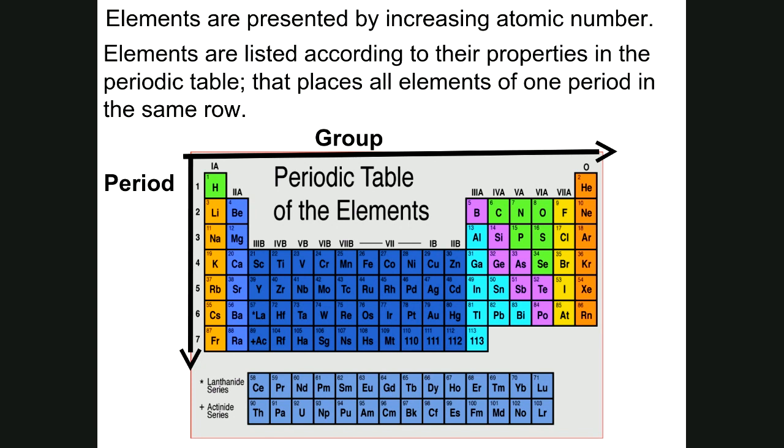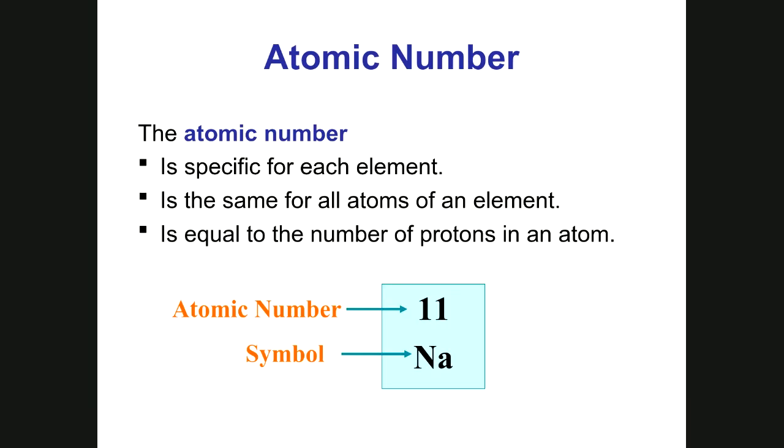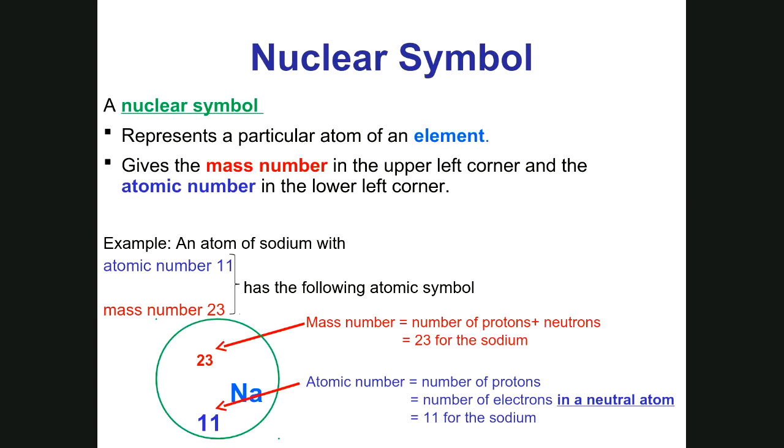So this is symbolically how we proceed. We put the chemical symbol, and we put this number and this number. So the atomic number is the number of protons.